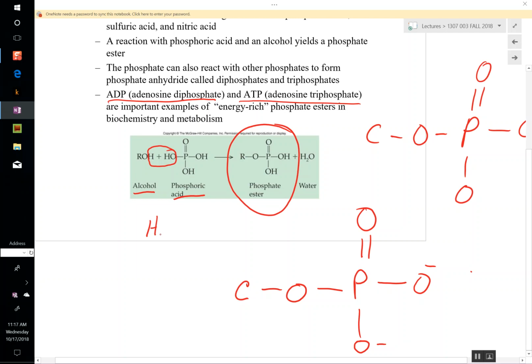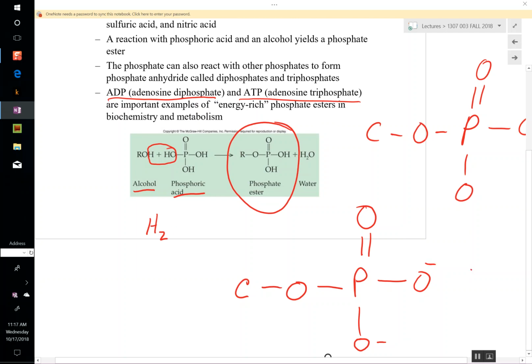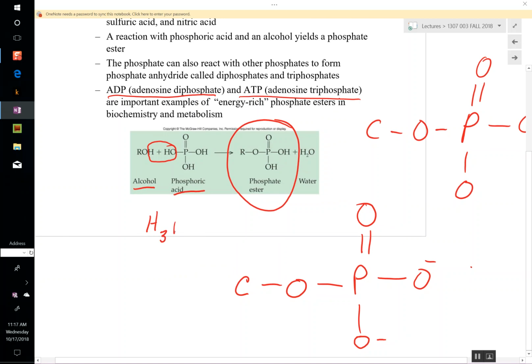This is phosphoric acid. Wait, what is it? It's H3. I'm sorry. It's H3PO4. From 1305, you should recall the PO4 ion is the phosphate. So H3PO4 is phosphoric acid. React that with an alcohol, you get a phosphate ester.